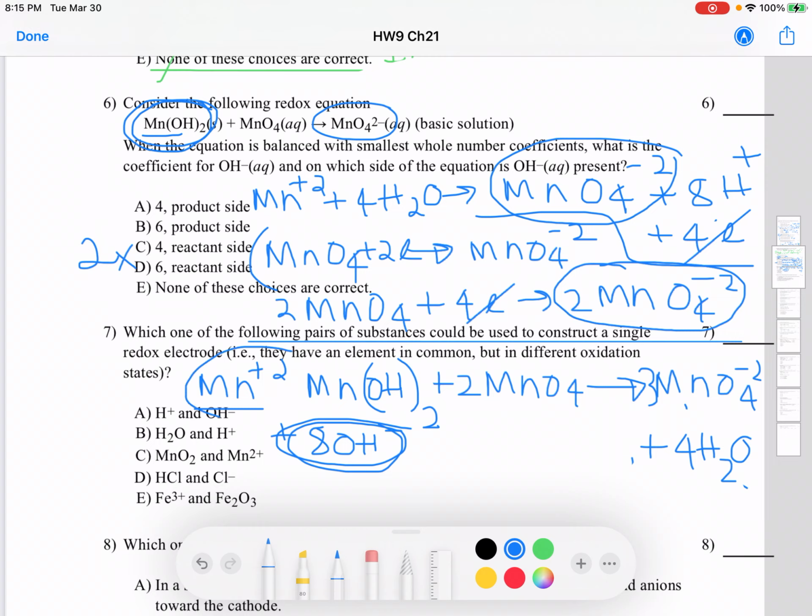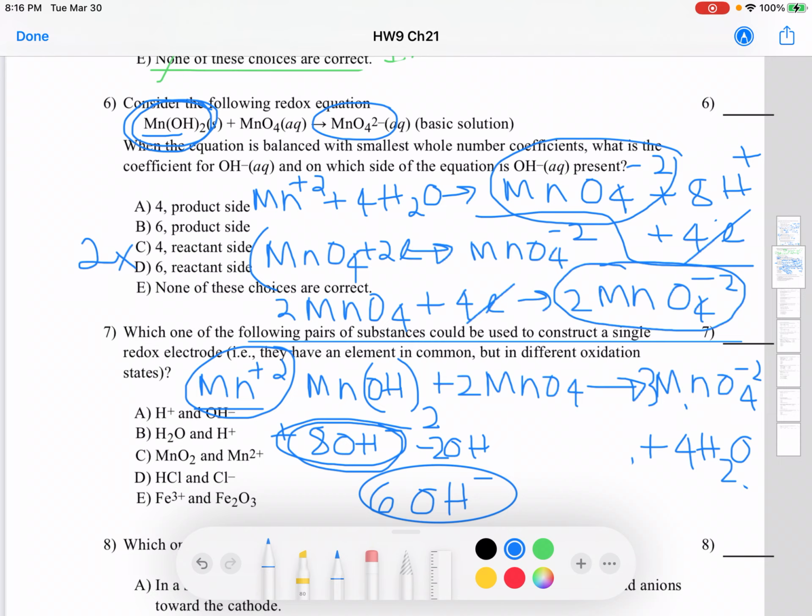So 2 was given for this manganese ion. So then 8 minus 2, how many left? 8 hydroxide minus the 2 hydroxide we gave for manganese hydroxide, that will end up having 6 hydroxide. So the answer is going to be 6 hydroxide ions on the left side, in the reactant side.